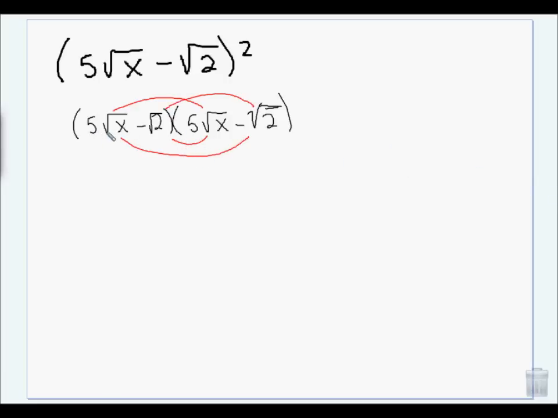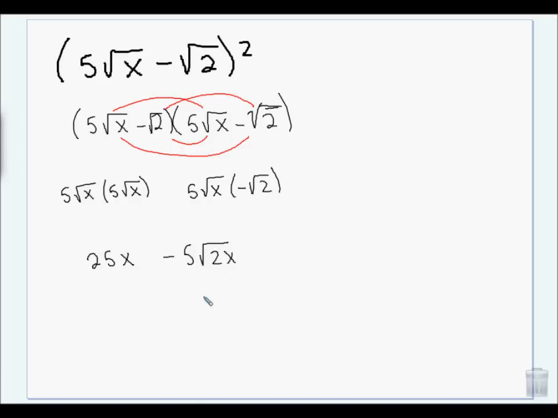And what happens now is I have 5 times the square root of x times 5 times the square root of x. That's 25x. And then I have 5 times square root of x times negative square root of 2. That's -5 times the square root of 2x.